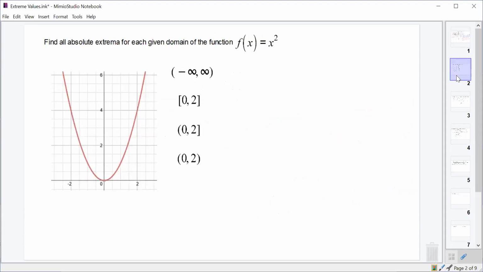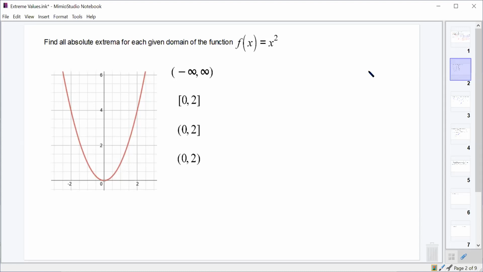So let's take a look at a very simple function, one that you should know everything that there could possibly be to know about it. f of x equals x squared, just your basic parabola function. And we're going to see about absolute max and absolute mins of this function on different intervals.